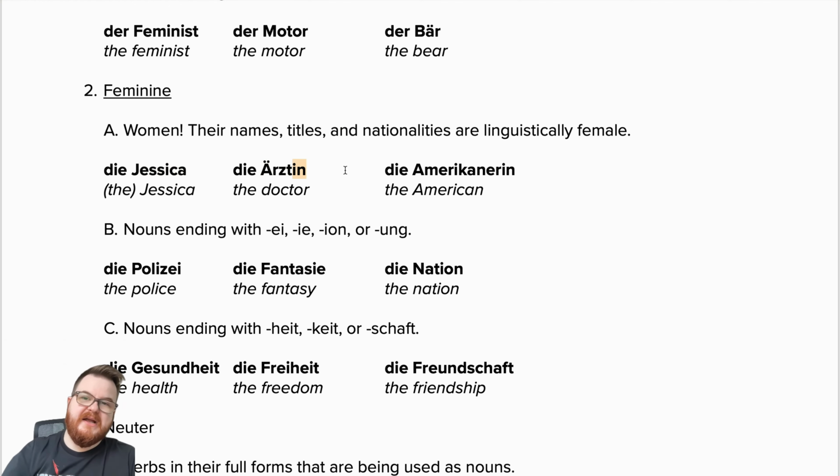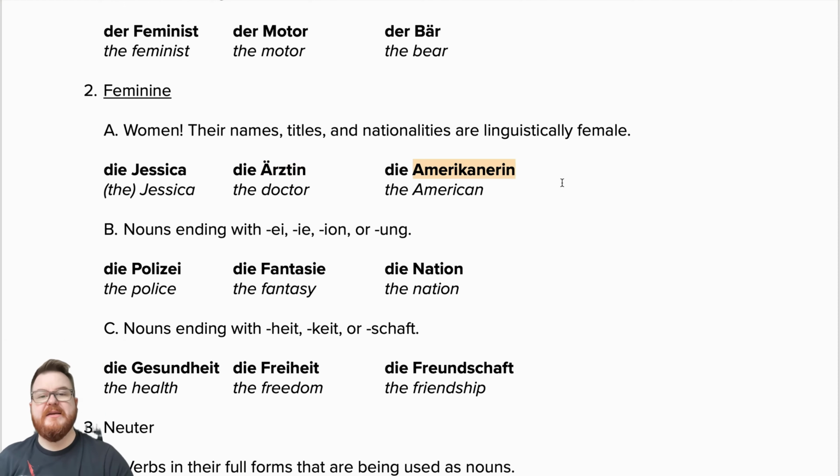It ends in -in. And actually, nationalities will also end in -in. So job titles that end in -in, nationalities that end in -in are female, they're women. So die Ärztin is a female doctor. Die Amerikanerin is an American woman.